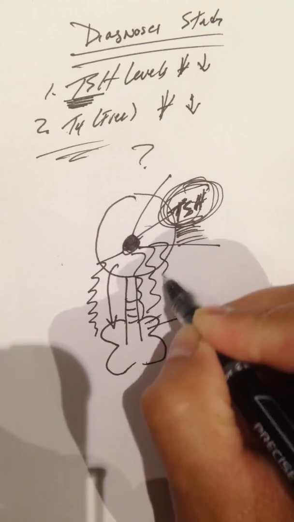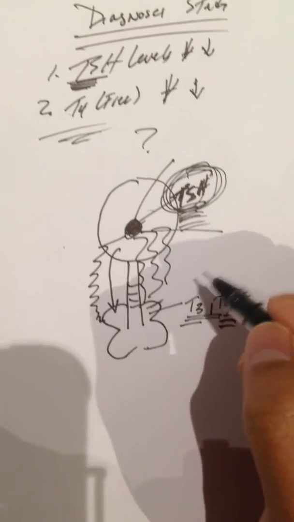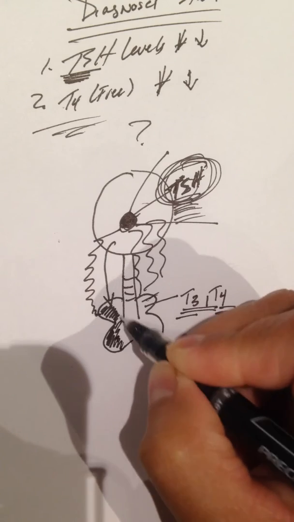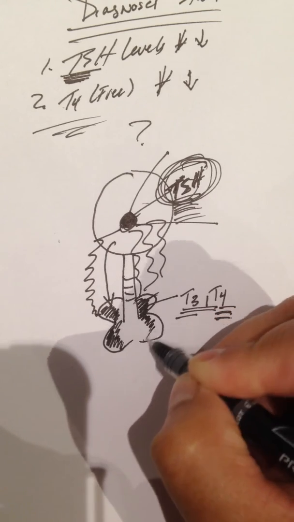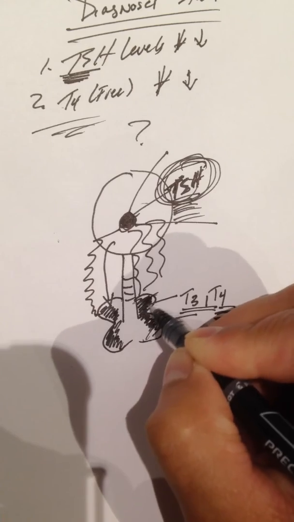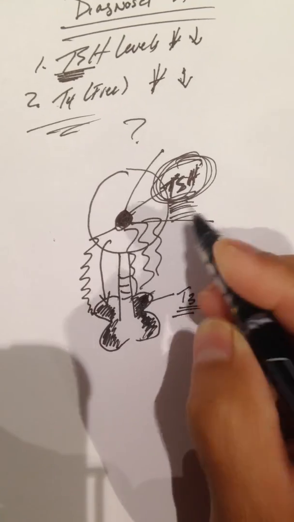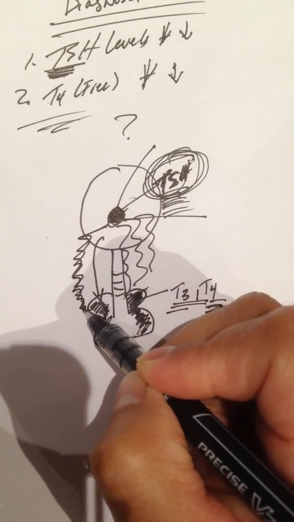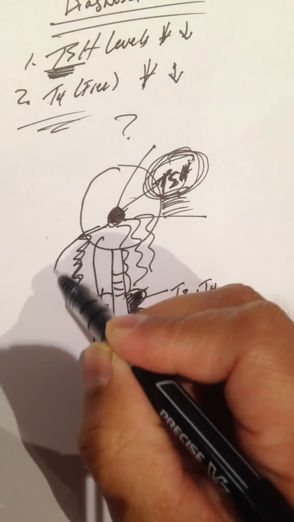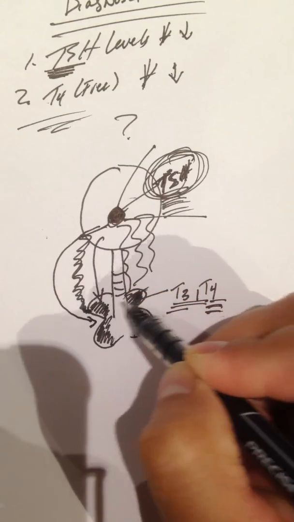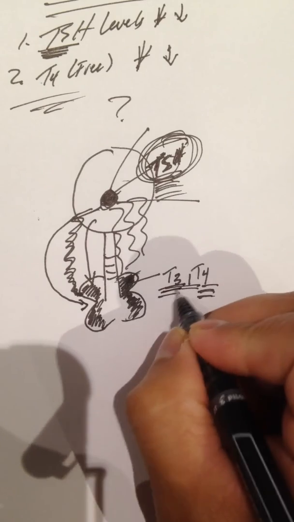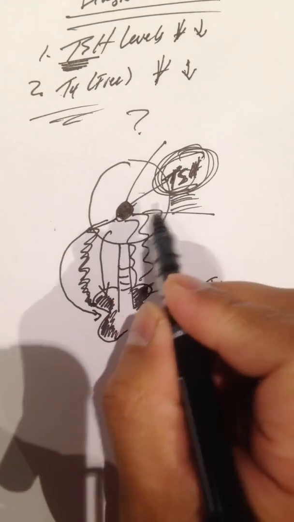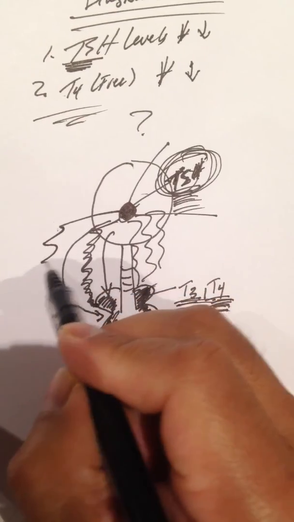Now let's say that this patient had some type of autoimmune disease, and now the thyroid gland has become destroyed, and it is no longer functional. If it is no longer functional, thyroid-stimulating hormone will come down and will try to stimulate the thyroid gland, but if the thyroid gland isn't working, no T3 and no T4 will be produced. As a result, your pituitary gland will try to produce more TSH.